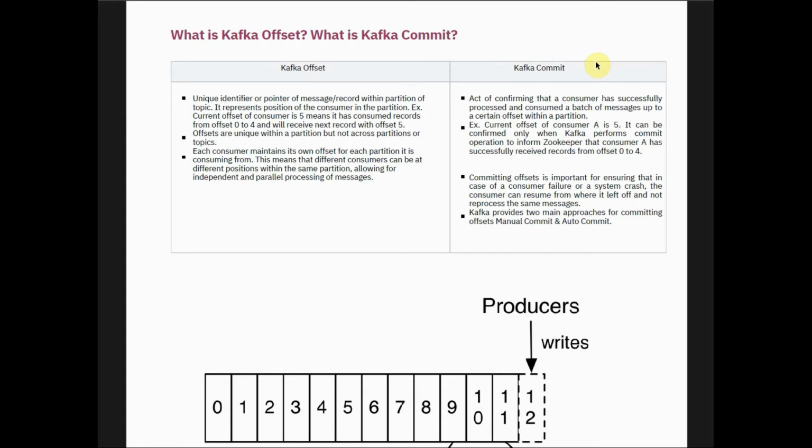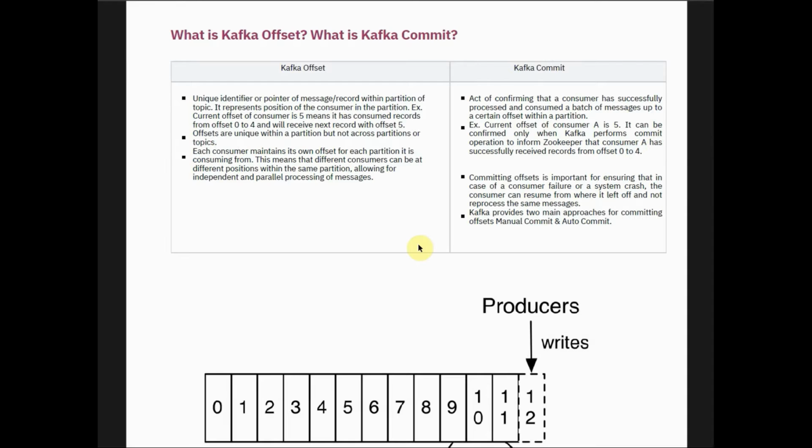Let's take the same example that we talked about for a Kafka offset. The current offset of consumer A is 5. It can be confirmed only when Kafka performs a commit operation to inform Zookeeper that consumer A has successfully received records from offset 0 to 4.